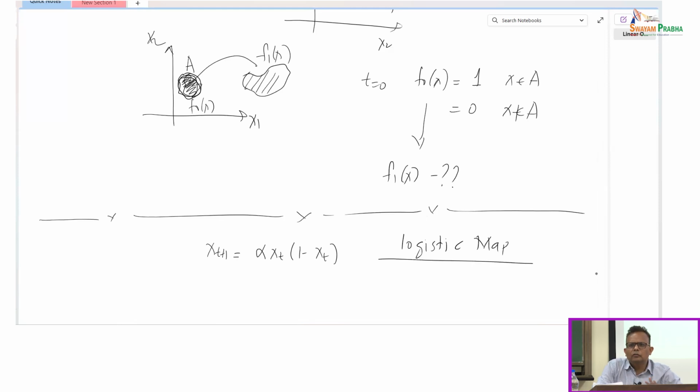This is one of the highly studied maps when you want to look at all sorts of complex behavior a nonlinear system can exhibit. Some of the things Arun talked about yesterday: you have a nonlinear system, you can look at linearization, you get a fixed point, and there could be other phenomena like a periodic orbit or limit cycles.